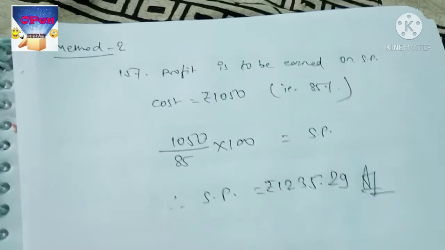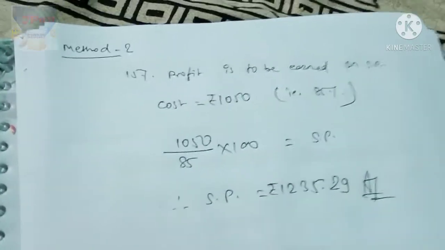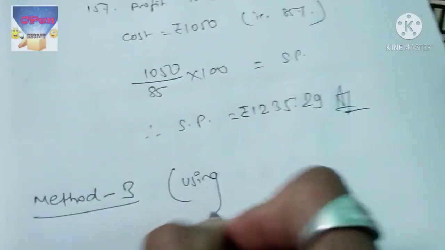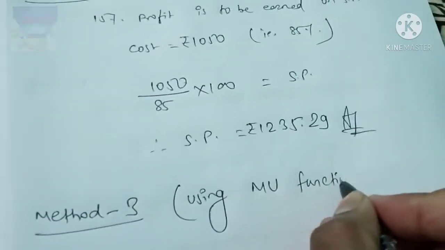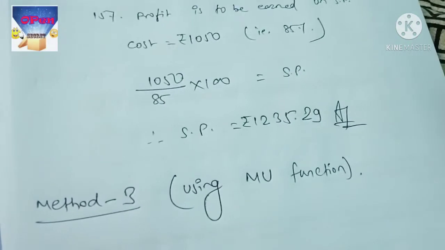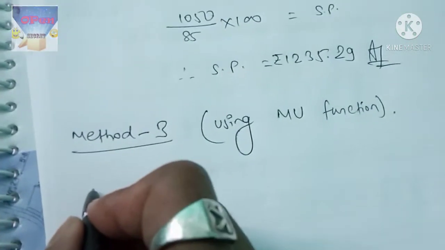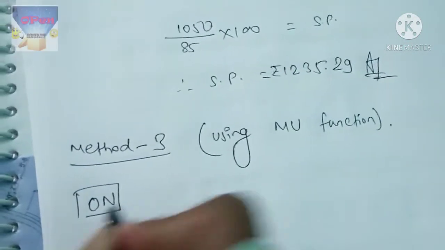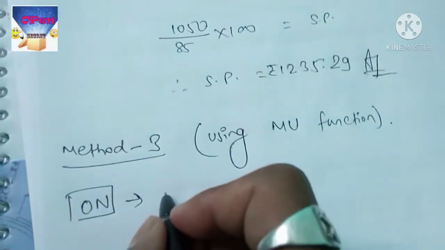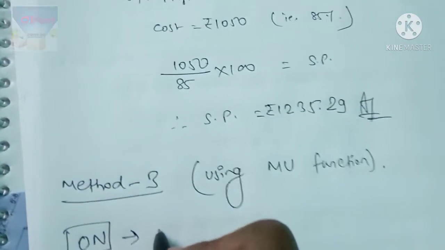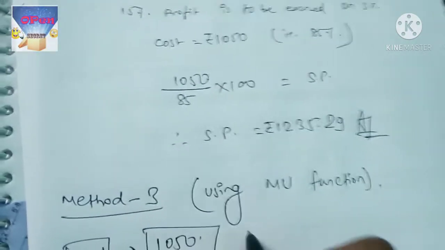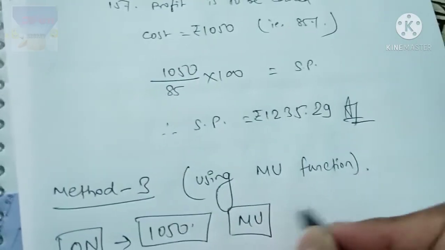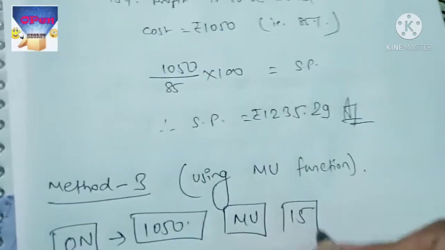I am noting this down as method 3, using the markup function. First of all, we need to turn on the calculator, then enter the cost, that is 1050 rupees, after that markup 15%.